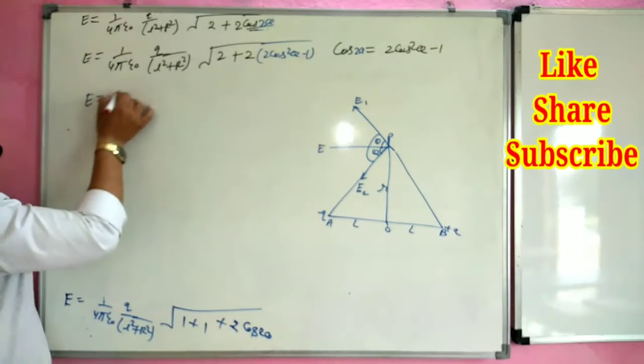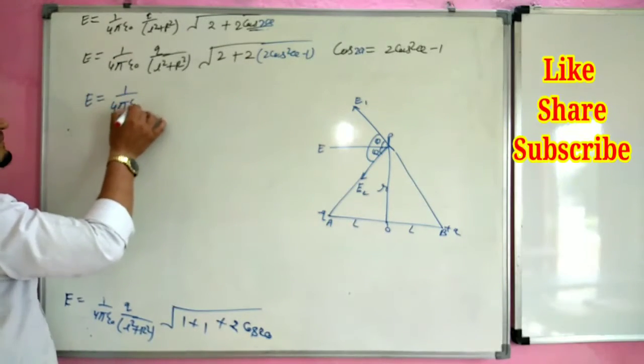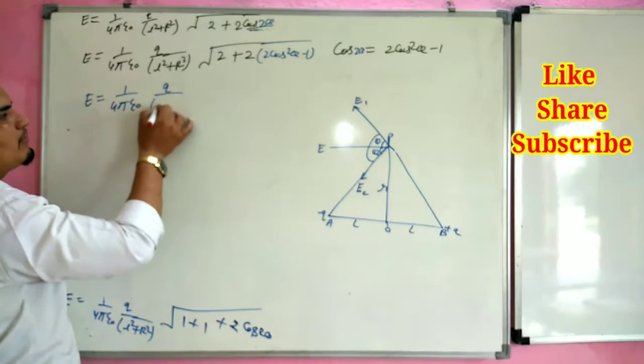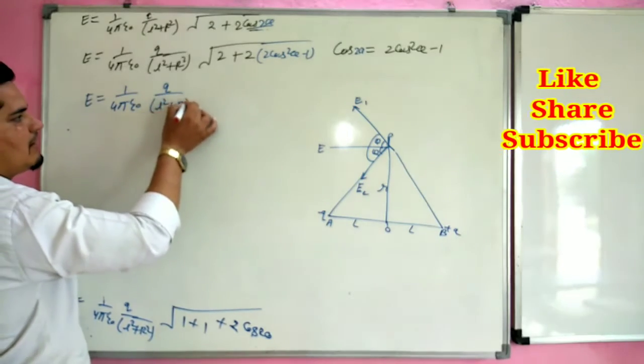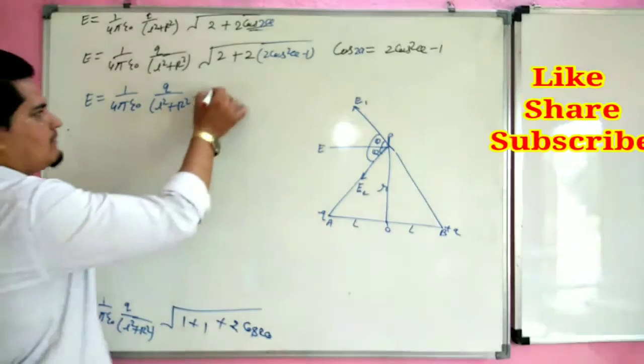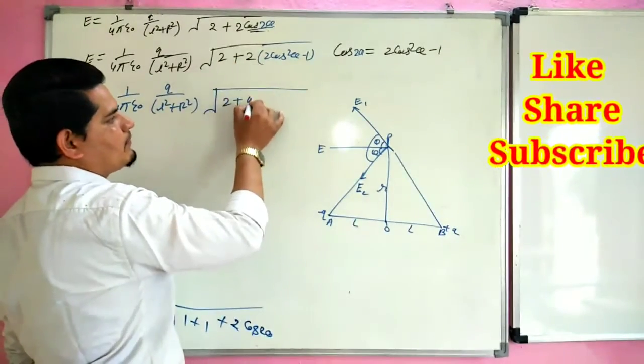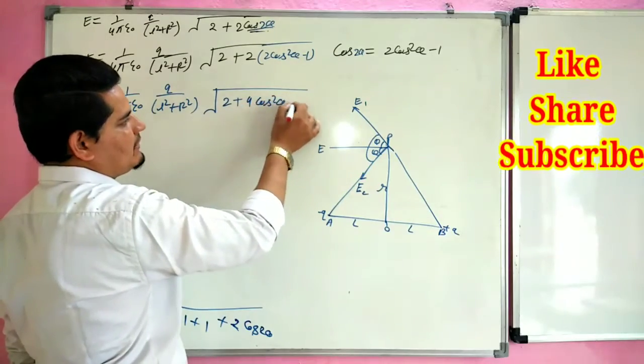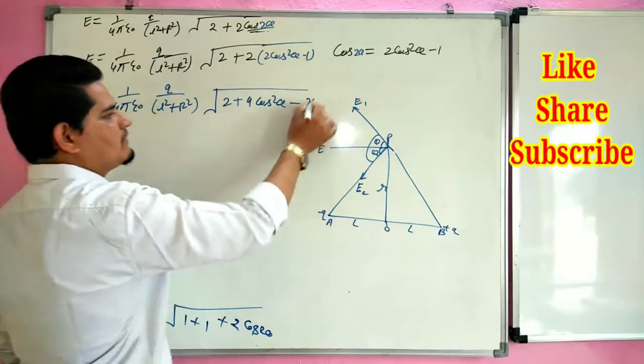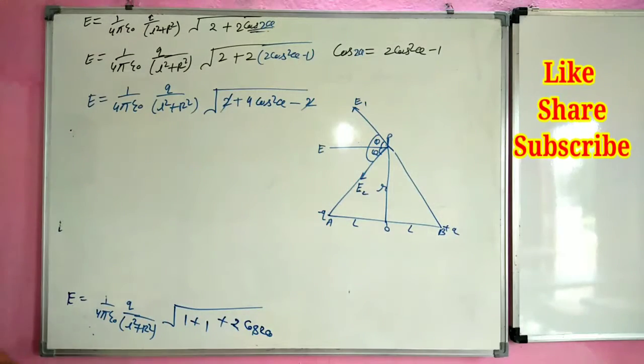So E equal to 1 upon 4 pi epsilon naught Q upon (L square plus R square) under root 2 plus 4 cos square theta minus 2. This minus 2 can be cancelled with plus 2.